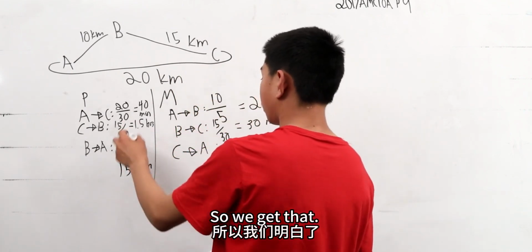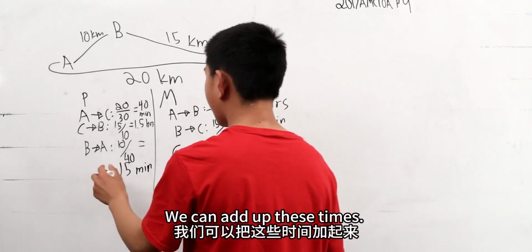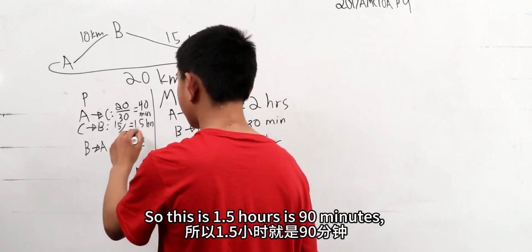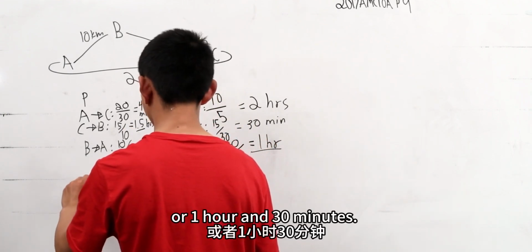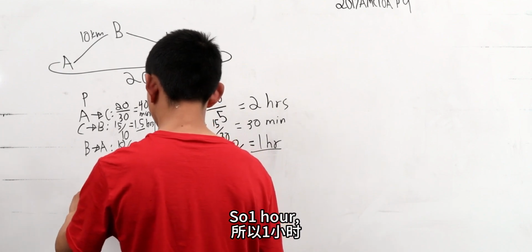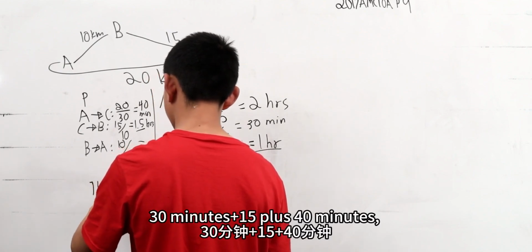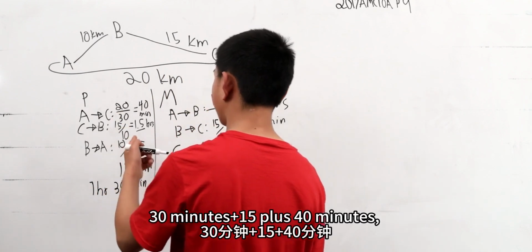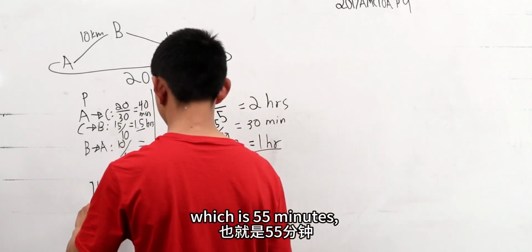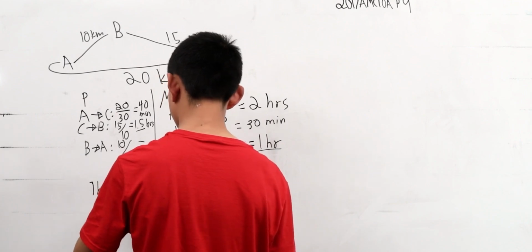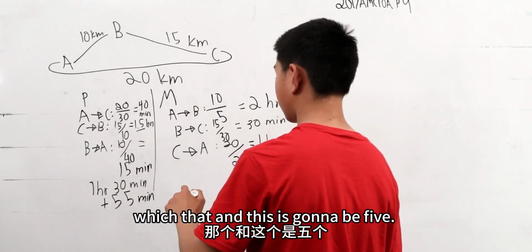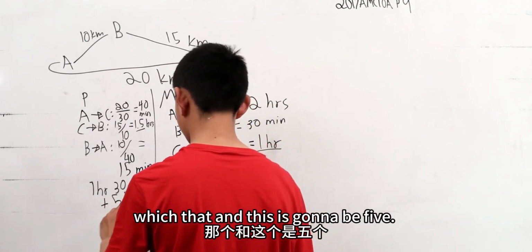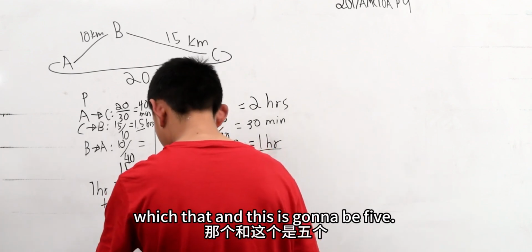So we can add up these times. 1.5 hours is 90 minutes, or 1 hour and 30 minutes. So 1 hour 30 minutes plus 15 plus 40 minutes, which is 55 minutes. This is going to be 5.